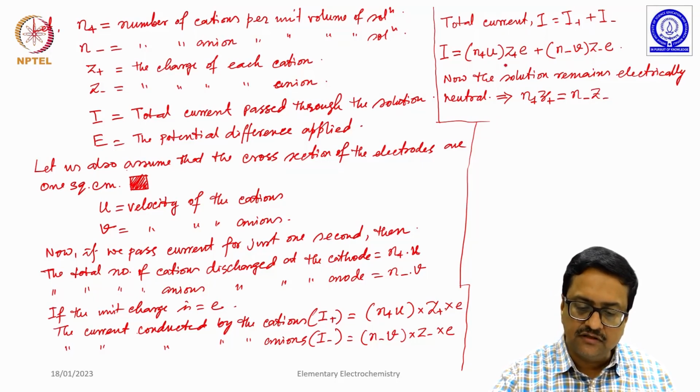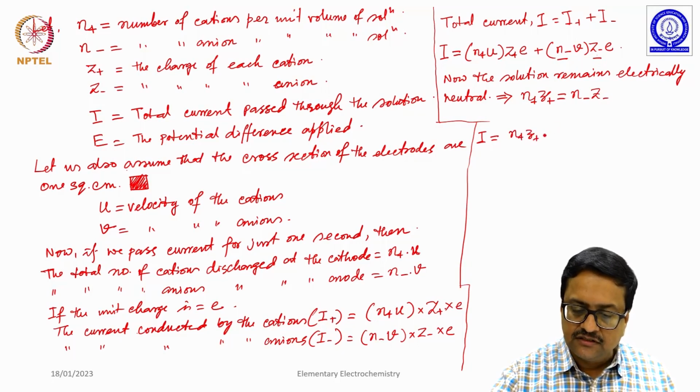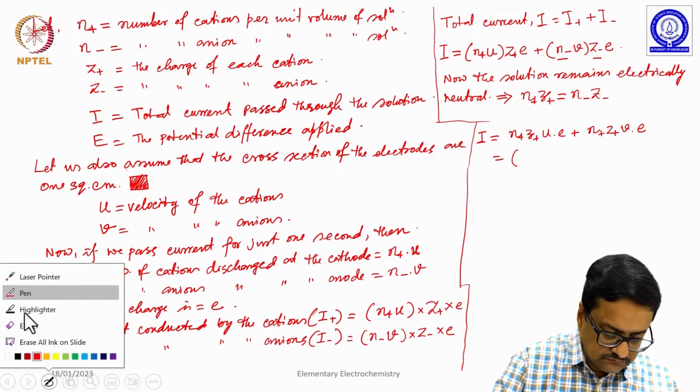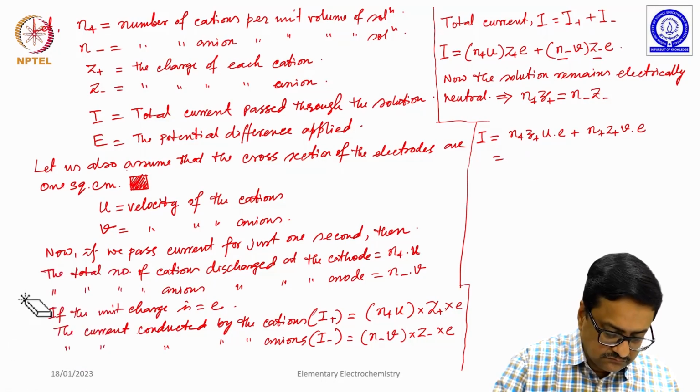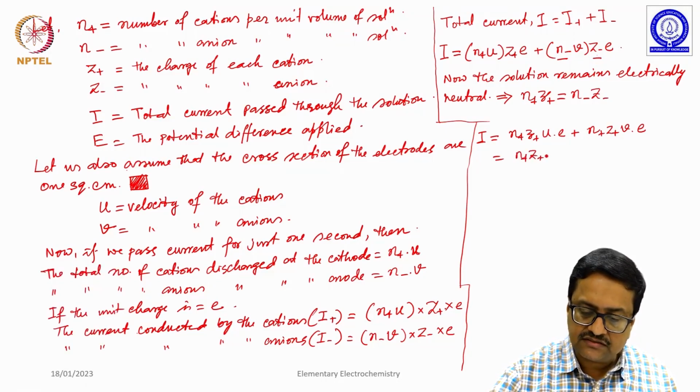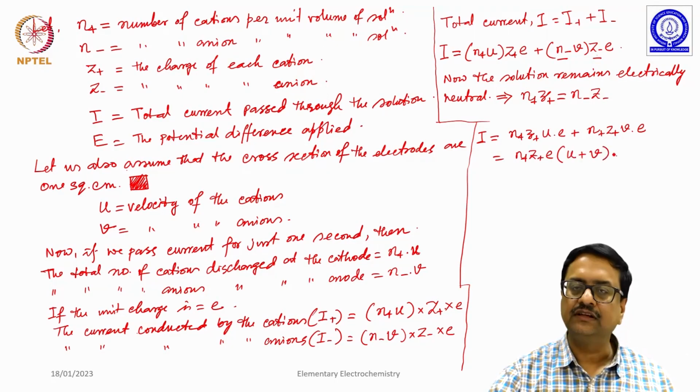So, we replace n minus Z minus by n plus Z plus and write I equal to n plus Z plus u into E plus n plus Z plus V into E. So, one can take out n plus Z plus E. I have inside then u plus V, that is the total current.